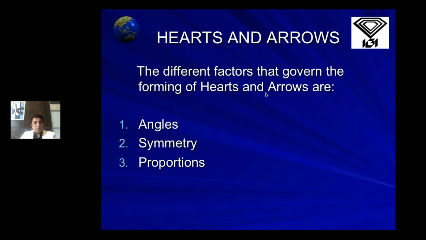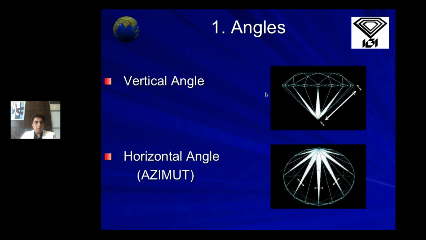How do you achieve them? What are the factors that govern the formation of hearts and arrows? Primarily, these are the three factors that you have to keep in mind. Firstly are the angles. When we talk about angles, we are going to talk about the vertical angles, and not to forget the horizontal angle, also known as the azimuth angles.